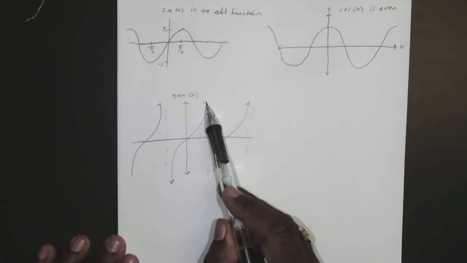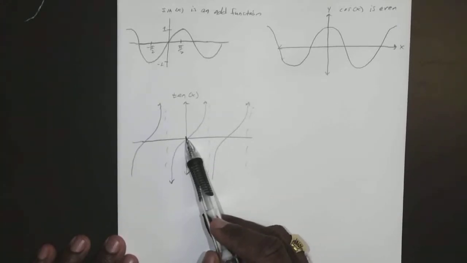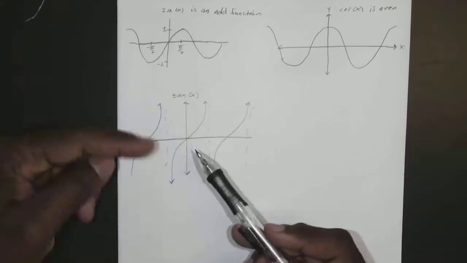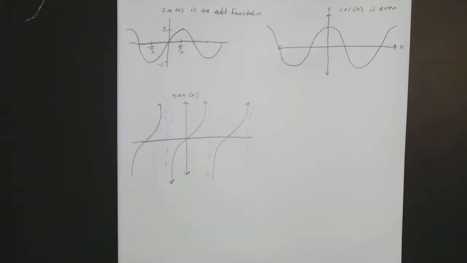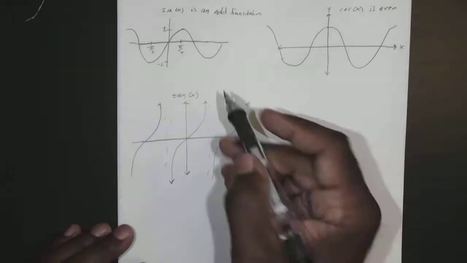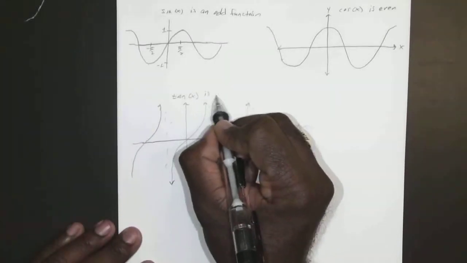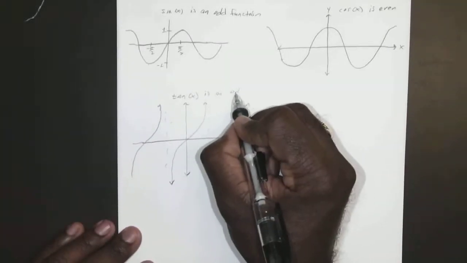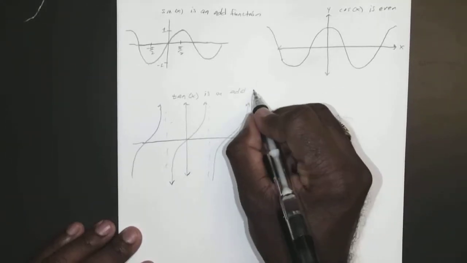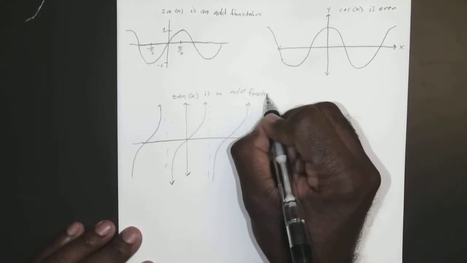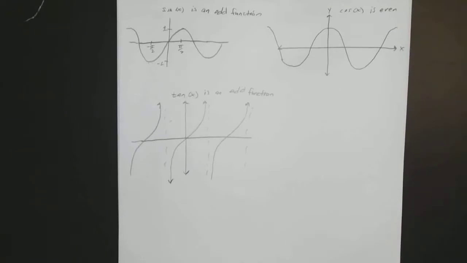If you notice with tangent, if you get the right side of the y-axis, if you flip it and then flip it again, it falls right into place. So you know that this is an odd function. Okay, so the only even function you have out of those three would be cosine.